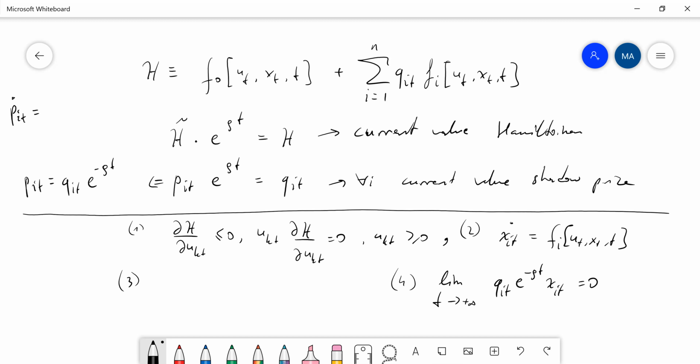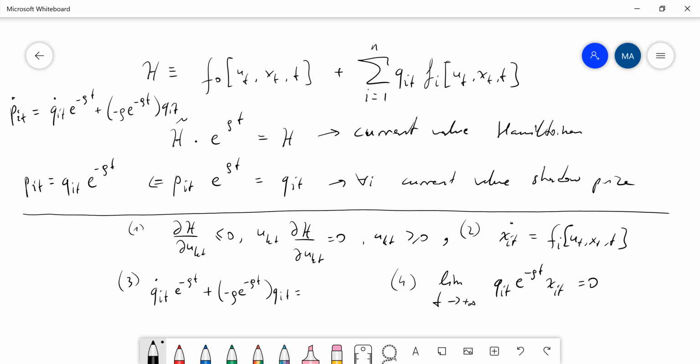So q_it dot times e to the minus rho t plus minus rho e to the minus rho t times q_it.